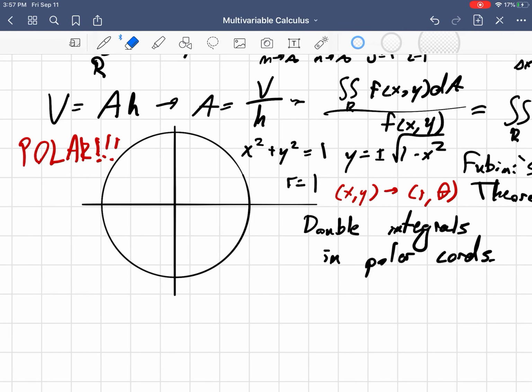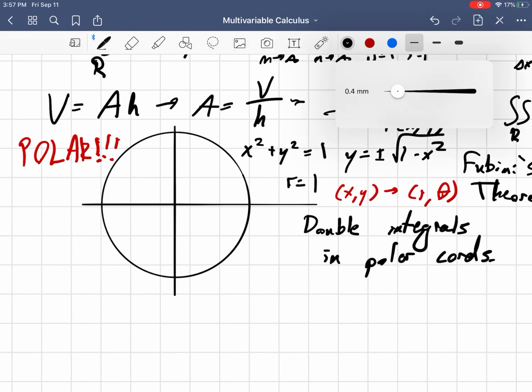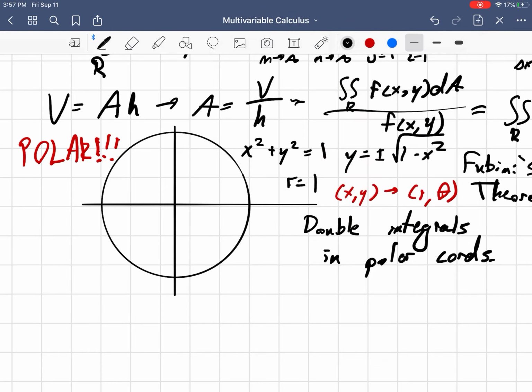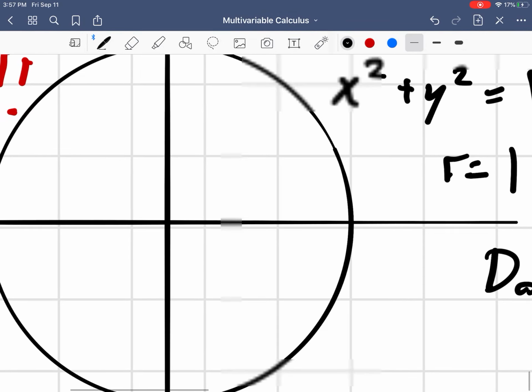Now, in polar coordinates, it's different. Let me see if I can thin my pencil, because I'm going to be writing pretty small here. So in polar coordinates, right, now we're talking about a thin sector of a circle, right? An infinitesimal sector of this circle.